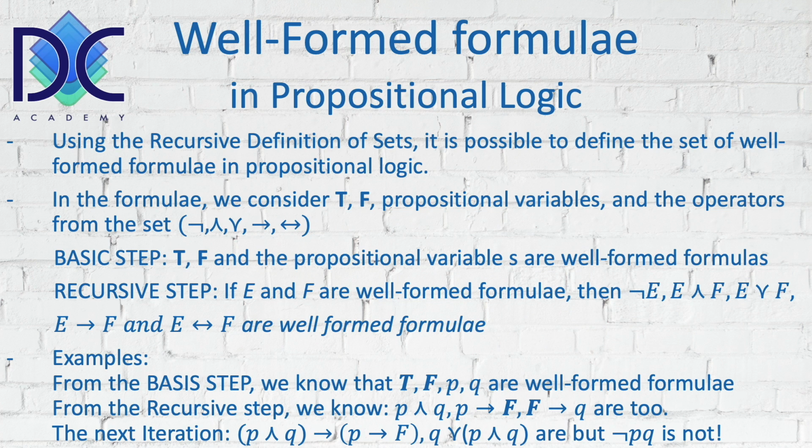And based on these well-formed formulas, we can continue with the next generation. We can say that P and Q, or if P and Q then, if P then false, or Q, or P and Q, those are also well-formed formulas which follow the same rules as we defined in the recursive step.